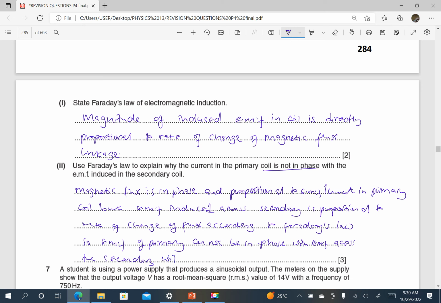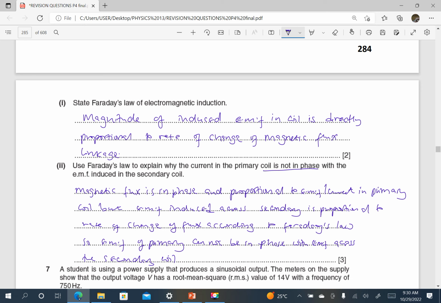So that is as simple as that. By Faraday's law, an EMF is induced in the secondary because of the rate of change of flux, and the rate of change of flux is not in phase with the magnetic flux.